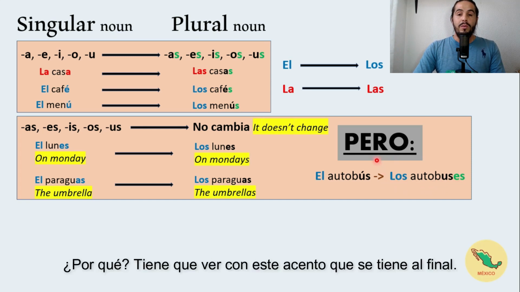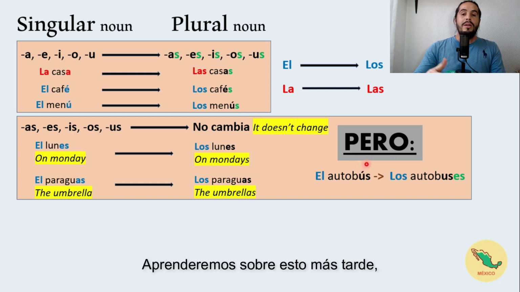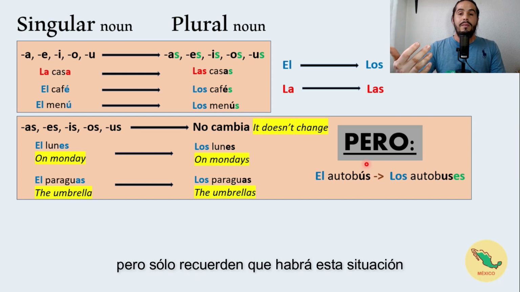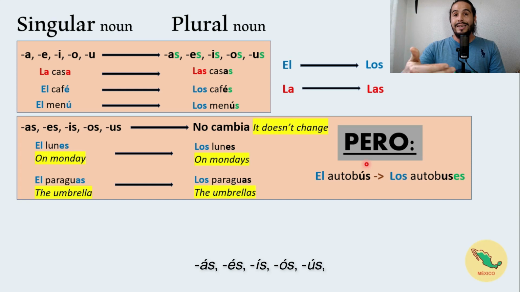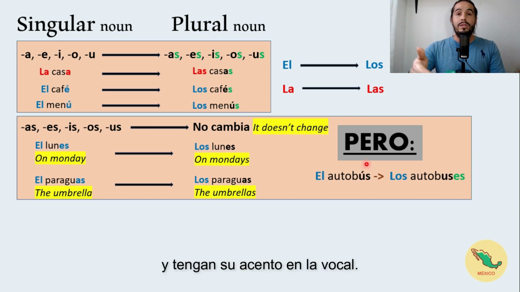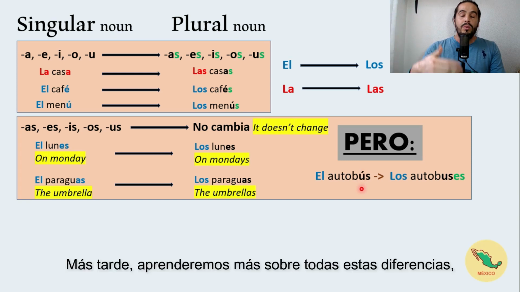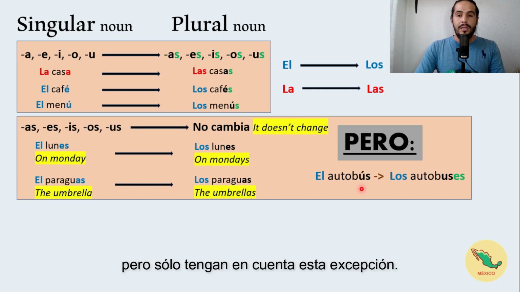It has to do with this accent that you have at the end. We will learn more about this one later, but just keep in mind that you will have this situation with these singular nouns that end with as, es, is, os, us, and they have their accent on the vowel. So later we will learn more about all these differences, but just keep in mind this exception.